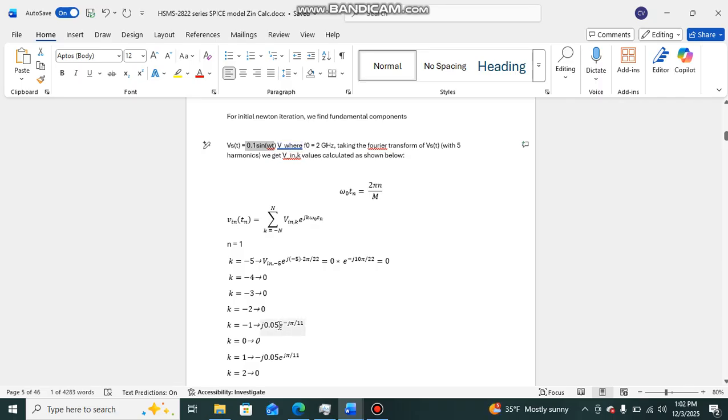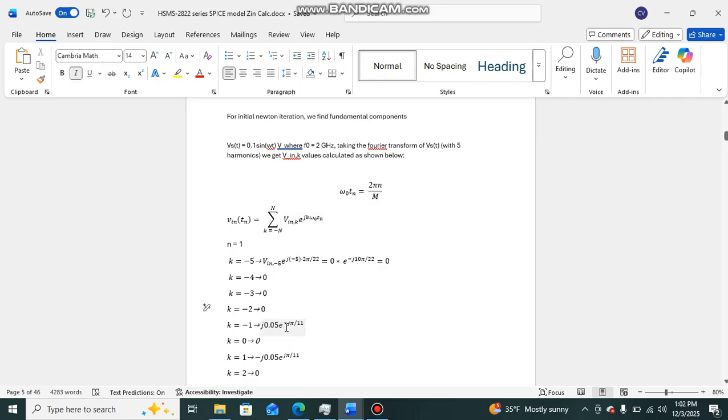When we do the Fourier transform of that, we get j 0.05 and also negative j 0.05. It's not part of this equation, because that is part of the equation to solve for the time domain input voltage.